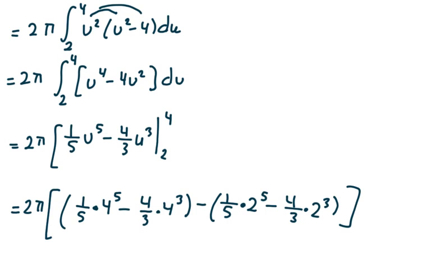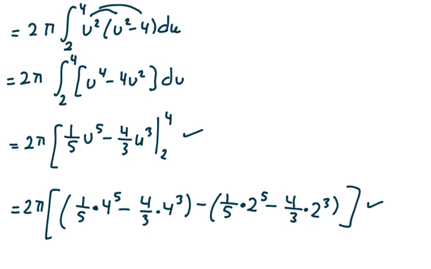Integrating, we get 2 pi times the quantity 1/5 u to the 5th minus 4/3 u to the 3rd, evaluated from 2 up to 4. Now, I'm going to replace u with 4 and get a value, replace u with 2 and get a value, and then subtract. And that's what I did on this last line here.